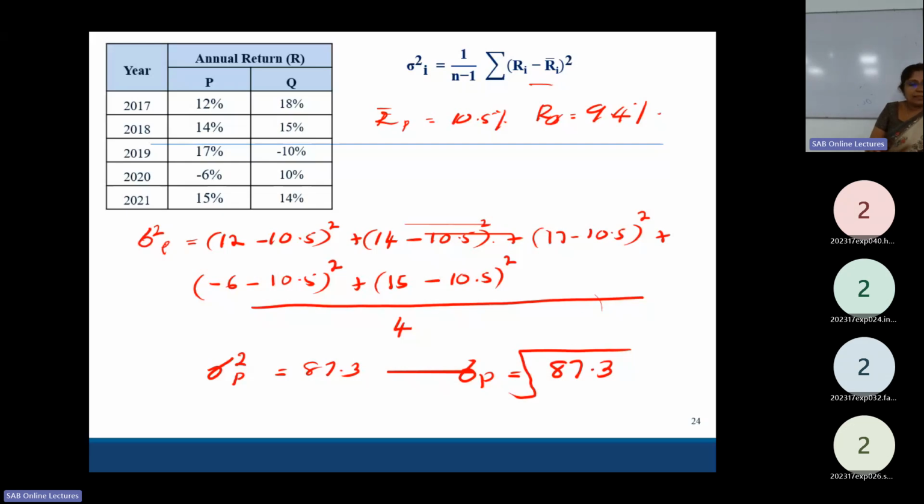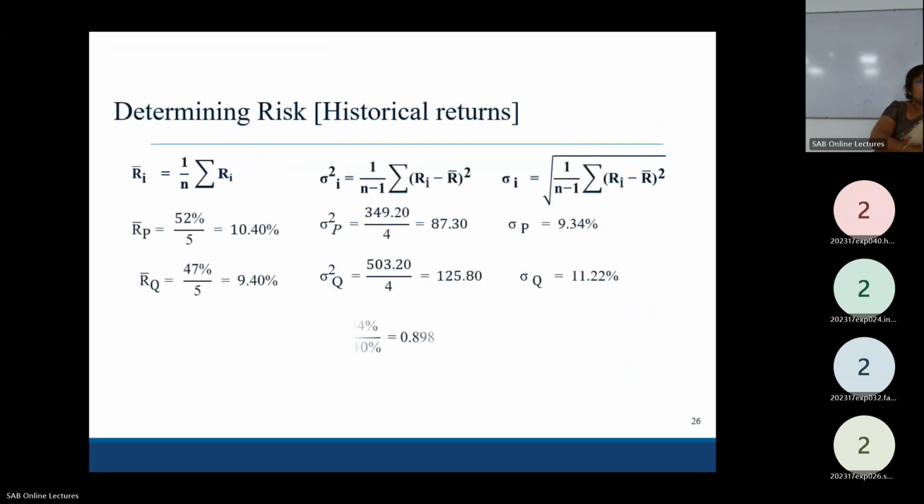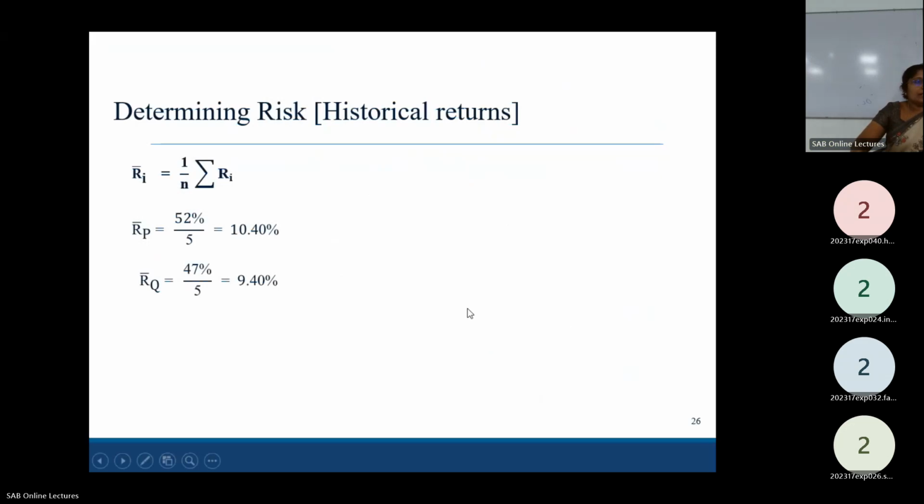So you will get the standard deviation: square root of 87.3 is 9.34. Right? So these are the variance and standard deviation for company P. Right.